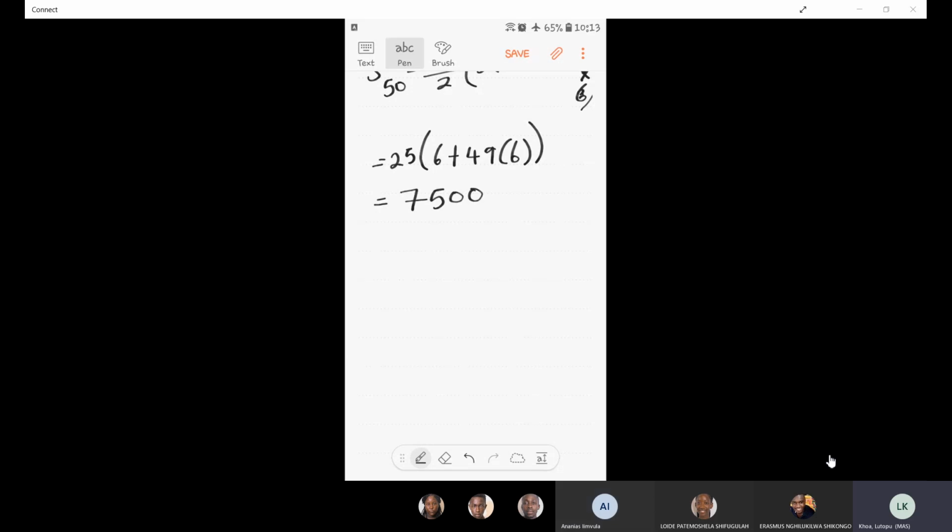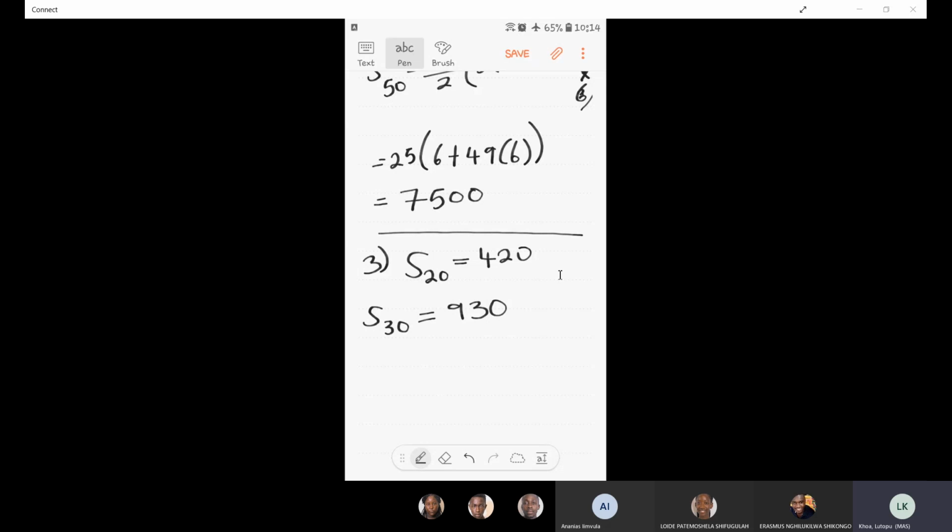Then let's look at number 3, still on exercise 5.2.2. With number 3, we are told that the sum of the first 20 terms is equal to 420, and the sum of the first 30 terms is equal to 930. So again, it's very important that you read the question correctly, otherwise the way you write your information will not be correct.